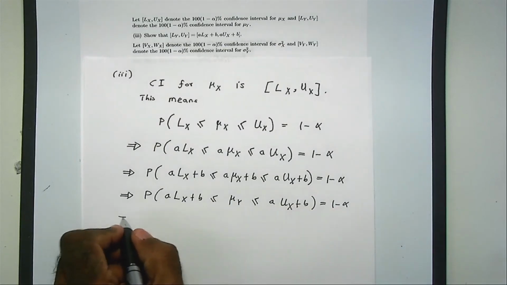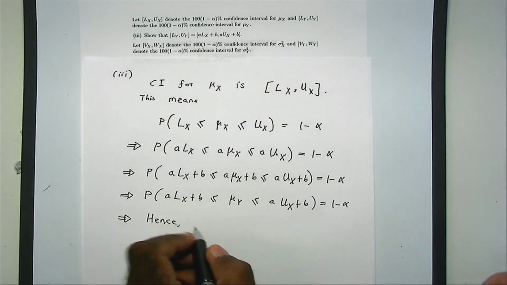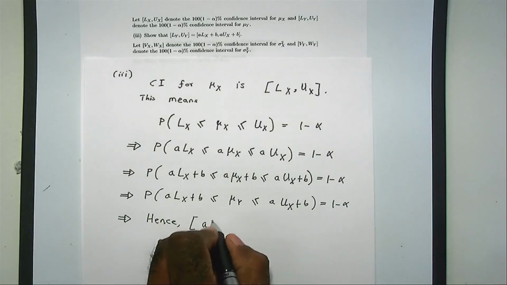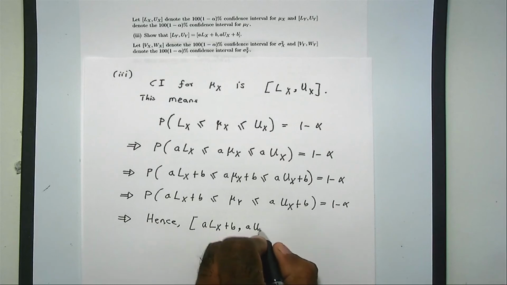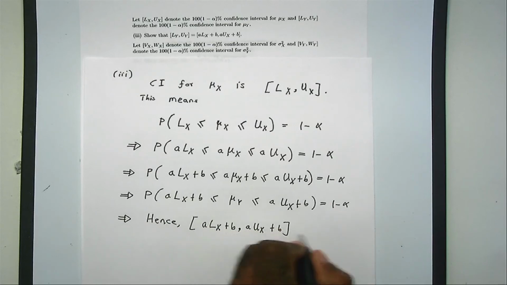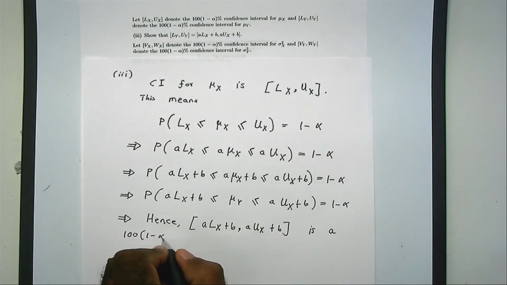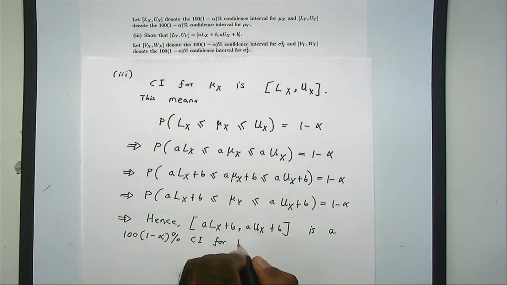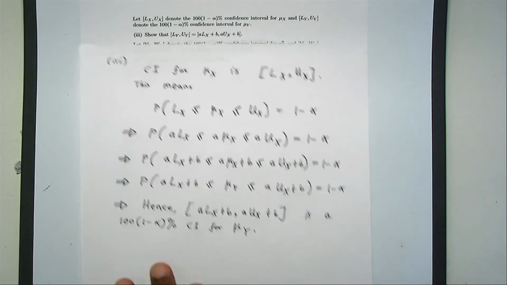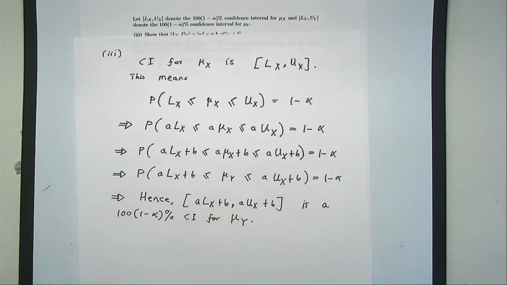So hence, this interval from the lower limit to the upper limit must be a 100 times 1 minus alpha confidence interval for mu y.